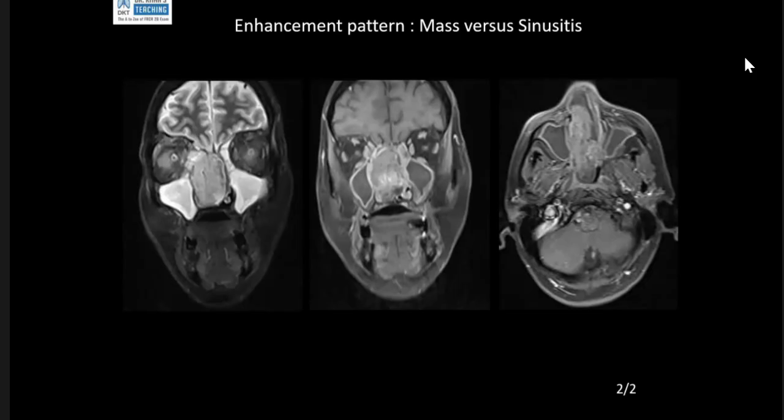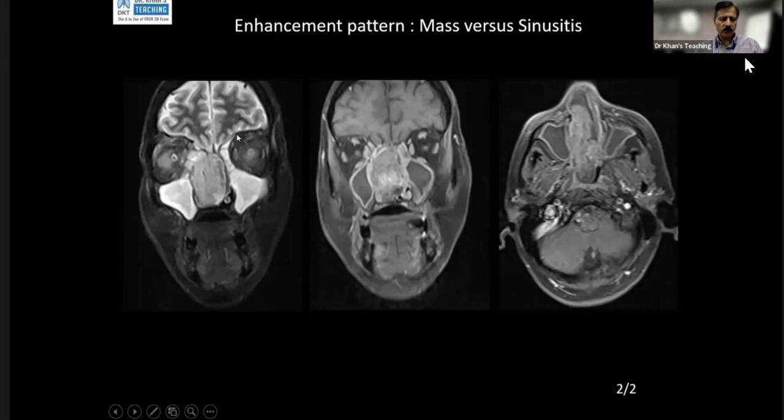Okay, so if you see here, this is a STIR sagittal sequence. In head and neck, we do STIRs. This is a T1 fat saturated axial post contrast. You know the classical protocols which we use in head and neck. We use STIR because STIR by definition has got fat saturation.